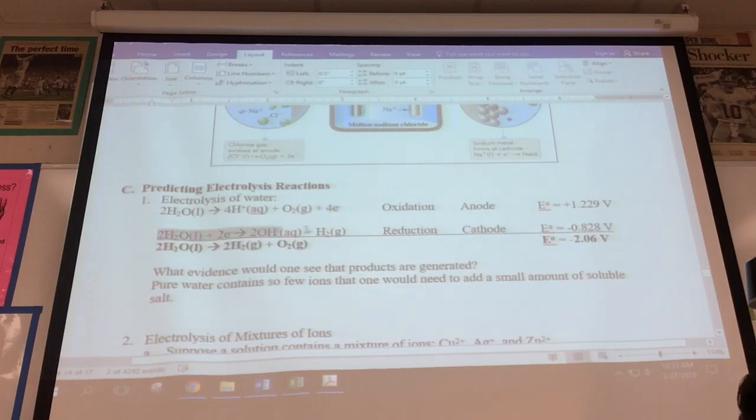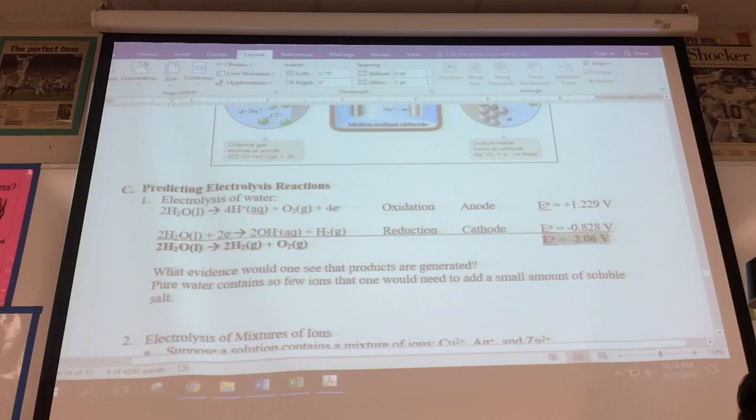In contrast, here's the reduction reaction where, again, water is a reactant, reacting with 2 moles of electrons to generate hydroxide ion and hydrogen gas. The net reaction then, if you add the 2 together, shows the splitting of water to generate hydrogen gas and oxygen gas, and we know that water does not naturally decompose in that fashion, so that's not going to be thermodynamically favorable. Your E cell here is going to be negative, and delta G will be positive.